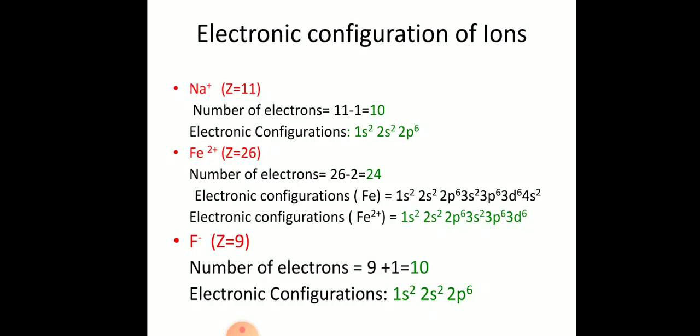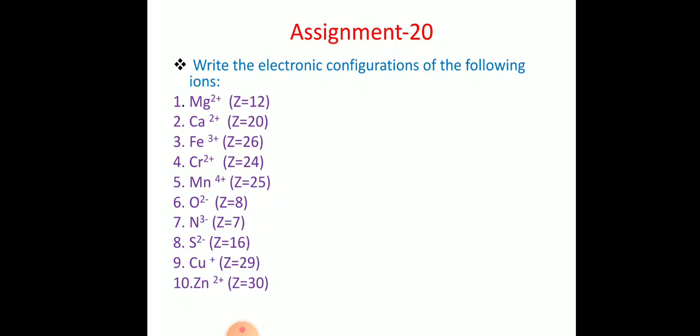In a similar way, today's assignment: write the electronic configuration of the following ions. First one is Mg2 plus, atomic number 12. Calcium 2 plus, atomic number 20. Third, Fe3 plus, that is ferric ion, having atomic number 26. Fourth is chromium 2 plus, having atomic number 24.